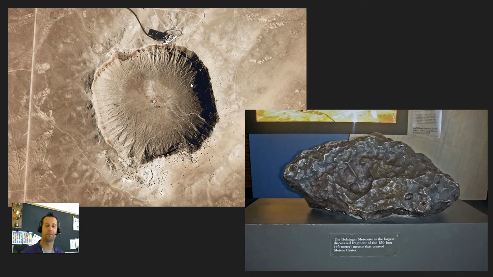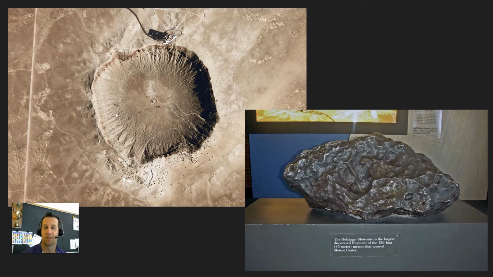So think of a football field, half the size of that, and that's what hit right there. Imagine how much bigger it was before it hit the Earth. This is just a fragment of it, because when it collided with the Earth, it broke into a lot of pieces, and this was one of the biggest pieces that they found.